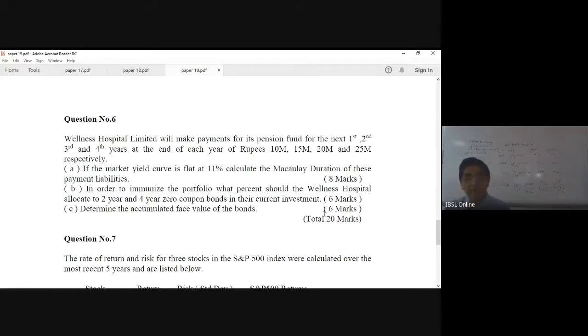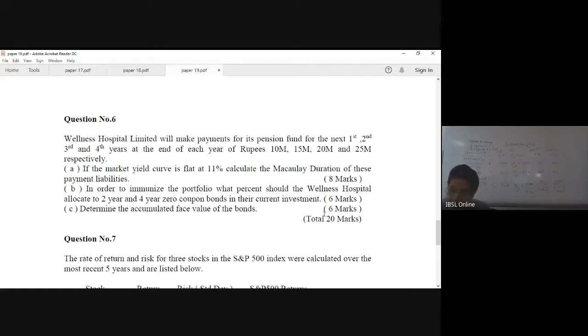Now we are in a position to calculate the present values of the bonds. How are we going to do that? We know that the total of present value of the cash flows would be equal to 52.275. With that, we can calculate the present value of the 2-year bonds and the present value of the 4-year bonds. 2-year bonds we have 63%.